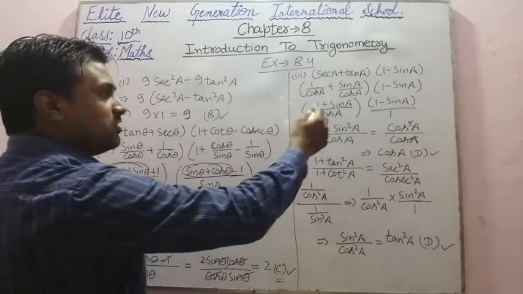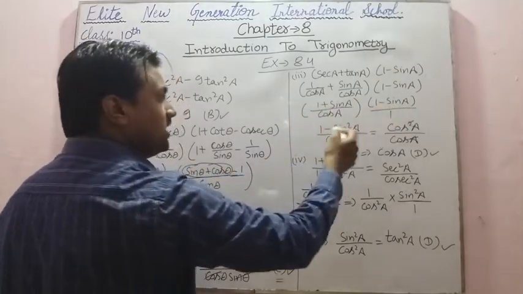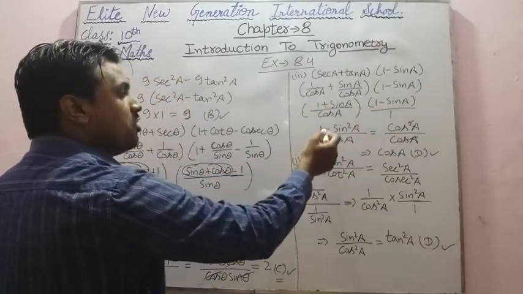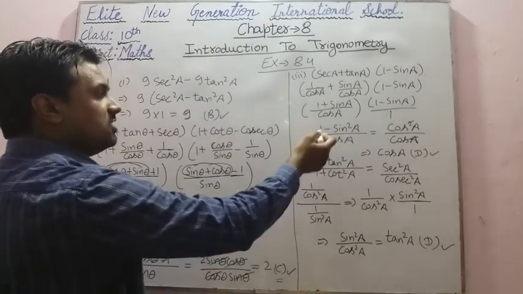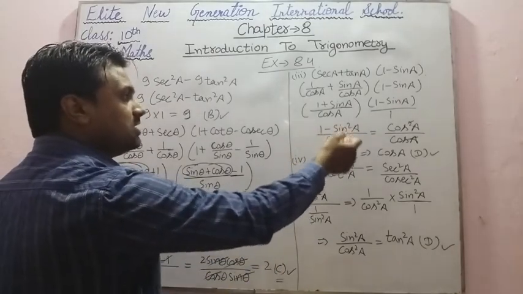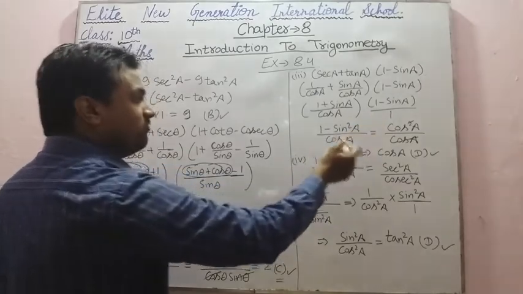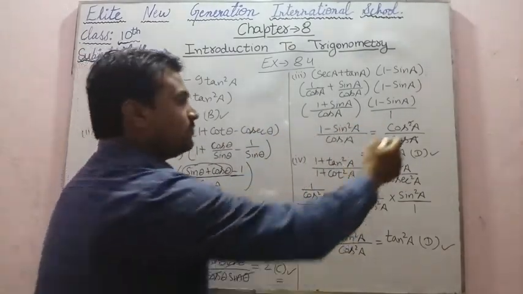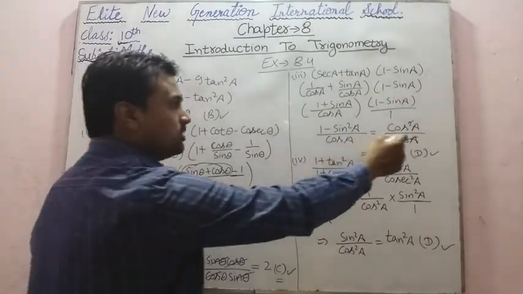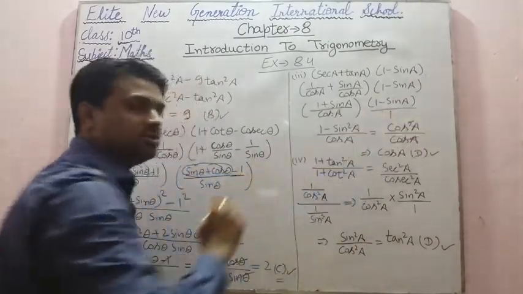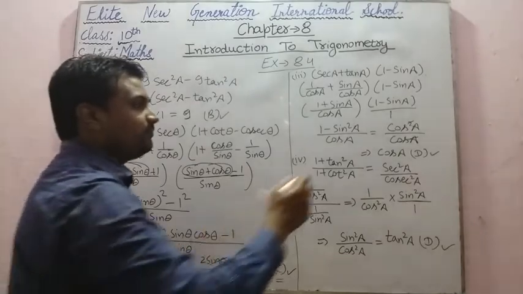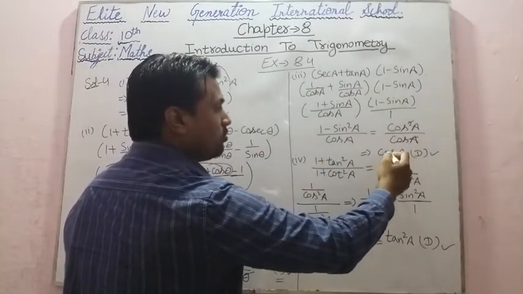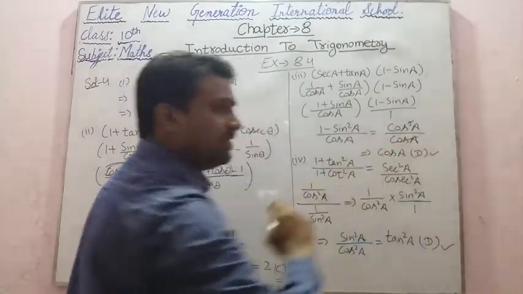So here by using the formula (a plus b)(a minus b) equals a square minus b square, it will become 1 square minus sin square a, 1 square will be 1. So 1 minus sin square a upon cos a into 1 will be cos a. So 1 minus sin square a will be cos square a, and upon this cos a, one cos a will be cancelled. So here cos a will be left. So here cos a will be the answer. So option D is correct.